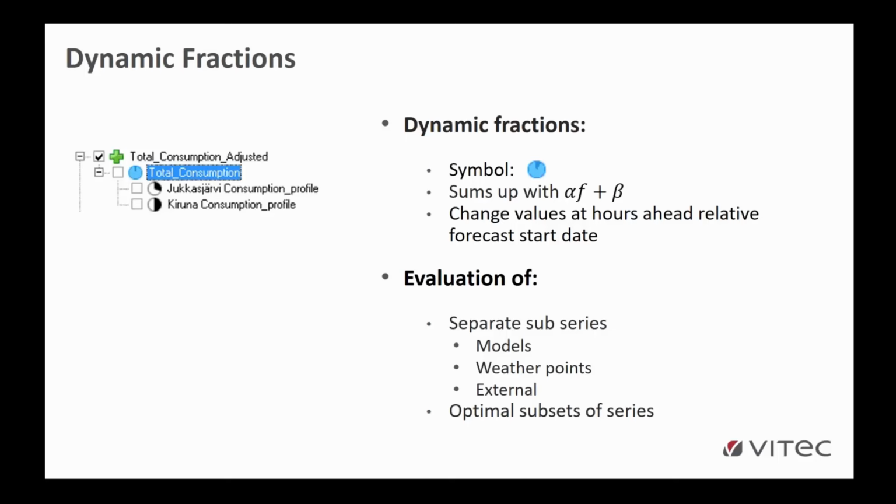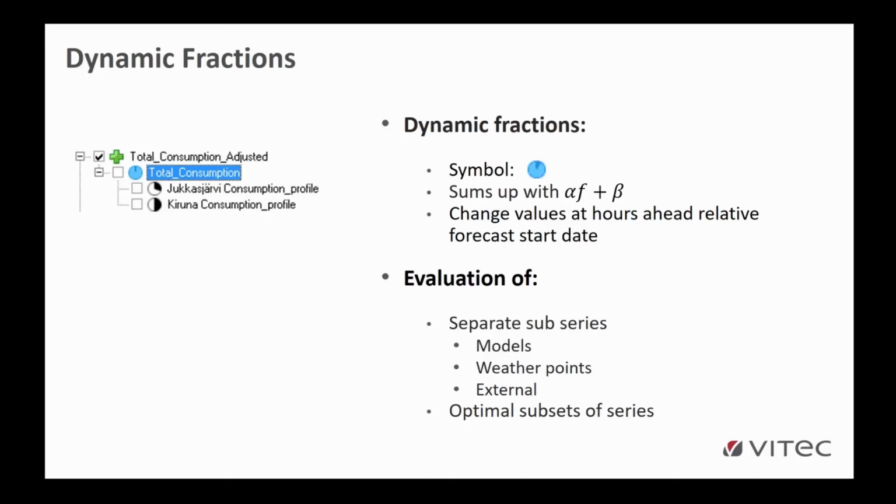The dynamic fraction is very good if you want to evaluate or optimize separate subseries, which can be models, different weather points, external forecasts, or anything other. You can easily create copies of one forecast series and have multiple models, multiple weather points, and external forecasts for that metering point.